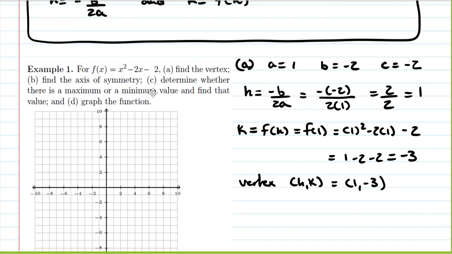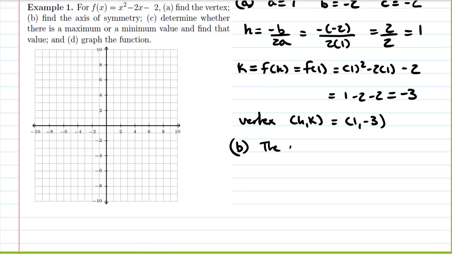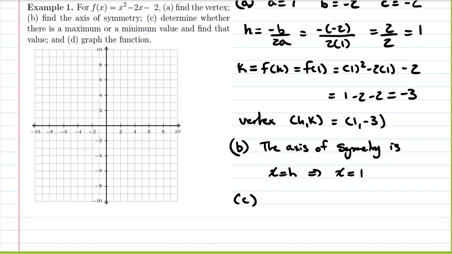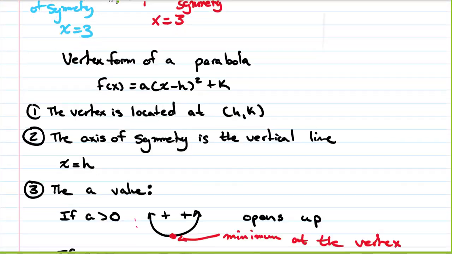So now the next thing we need to find for part B is our axis of symmetry. It's x equals h, and we found that our h value was 1. And then C, we want to determine whether or not we have a maximum or a minimum. So our a value was equal to 1, and we come back here.